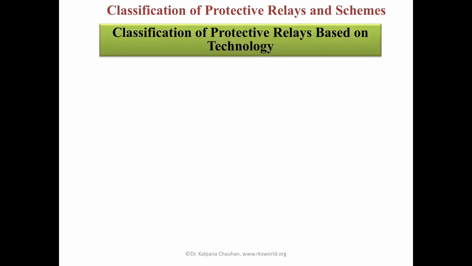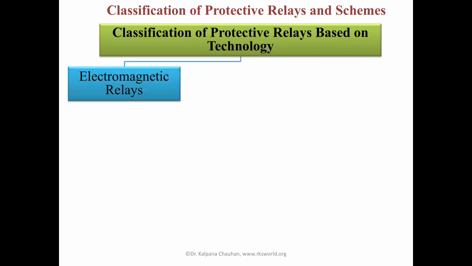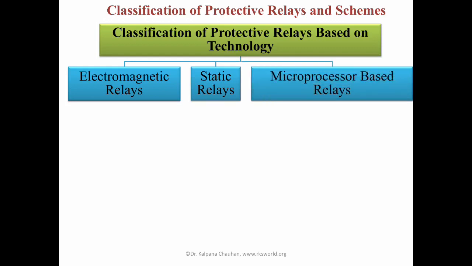First of all, we can classify the protective relays based on technology. Based on technology, we can classify them as electromagnetic relays, static relays, microprocessor based relays. Electromagnetic relays contain an electromagnet or permanent magnet and a moving part.